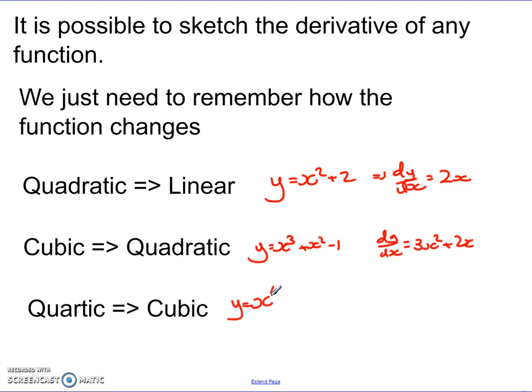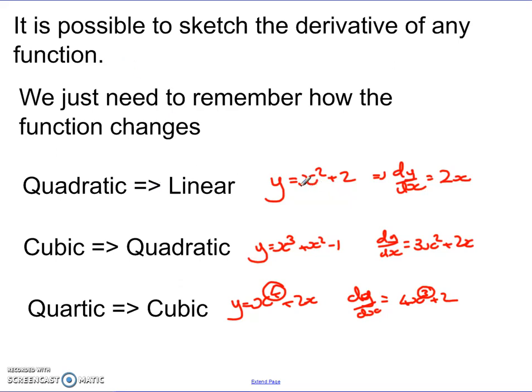So let's imagine y equals x to the power of 4 plus 2x. If I take the derivative of that, dy by dx, what I end up getting is 4x cubed plus 2. So my highest power has gone from being a quartic, to the power of 4, to a cubic, to the power of 3. So that's one thing we have to bear in mind when we're looking to sketch the derivative, because that's one way the function changes.